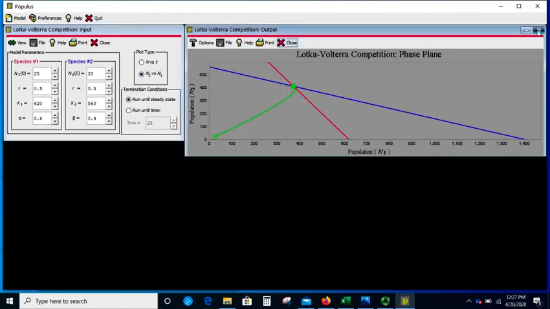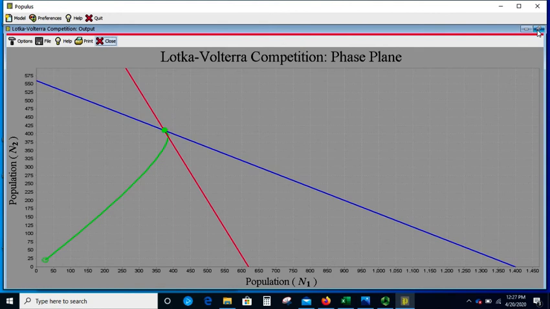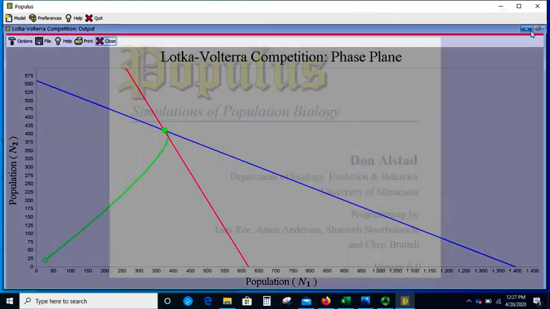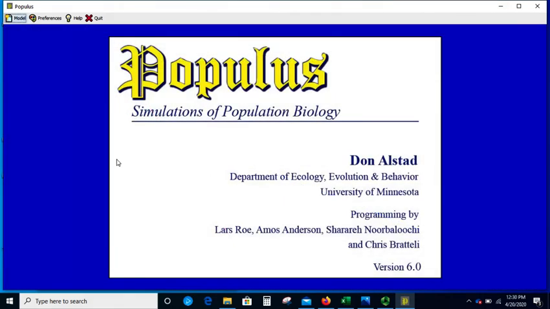And then we will look at the population size trajectory mapped onto those zero growth isoclines. Now I'm going to show the simulations for the competition model.